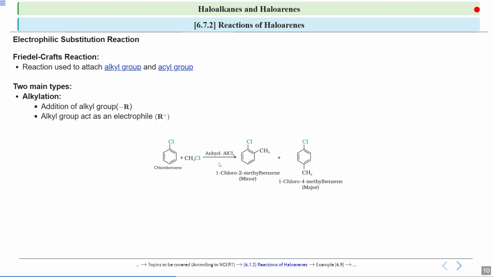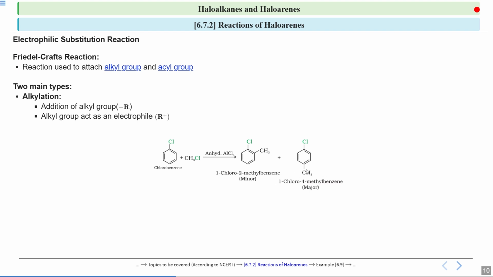The minor product is 1-chloro-2-methylbenzene and the major product is 1-chloro-4-methylbenzene, where the methyl group is substituted at the para position. So you get this mixture of products, the minor one and the major one. The minor one has the methyl group, or you can say the alkyl group, at the ortho position.